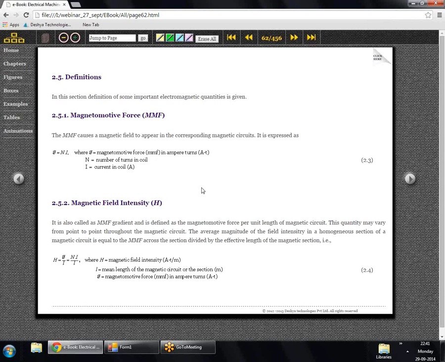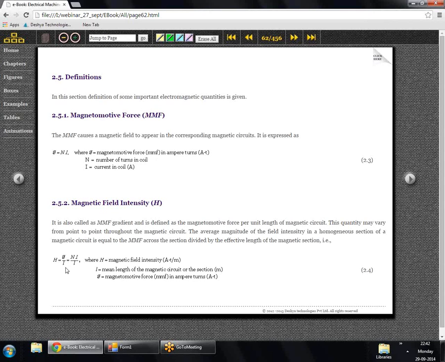Another important electromagnetic quantity that we are interested in is the magnetic field intensity. The magnetic field intensity is very closely related to the MMF, and it is given by expression 2.4, where magnetic field intensity is equal to MMF by L. Now this L is the path taken by the flux lines in our magnetic circuit, and we have to ensure that the flux lines close a path.